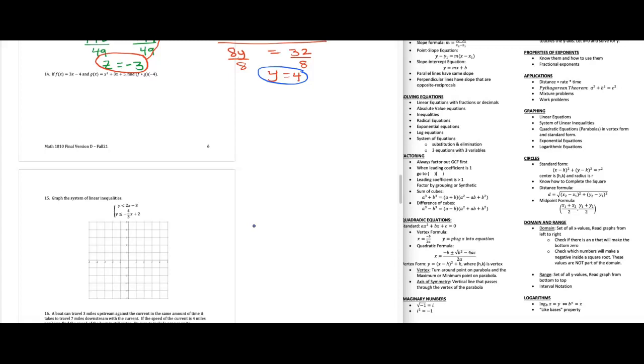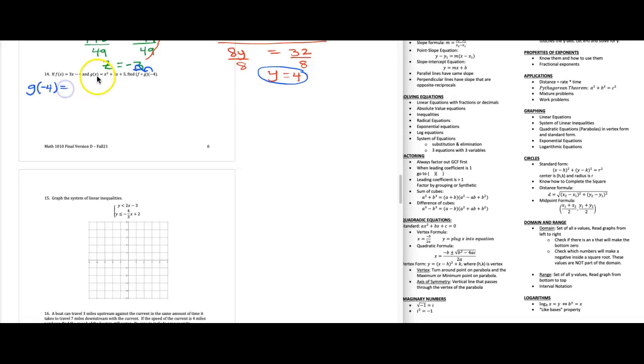Let me get rid of this so it's a little bit easier for me to do this. We're taking whatever that negative 4 is and putting it into our g function first, and then whatever answer we come up with, we put it into our f function. So I'm going to first write down, we're going to find g of negative 4.